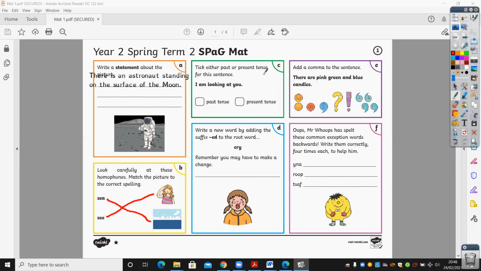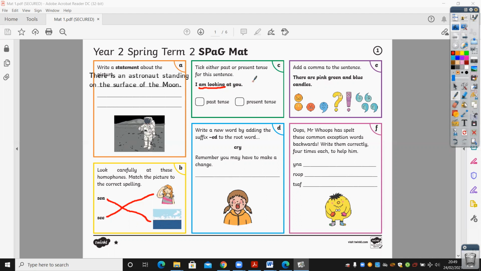Okay, question C. Tick either past or present tense for this sentence. I am looking at you. So we know that when we are talking about the past or the present tense, we need to look at the verb in the sentence. The main verb in this sentence is looking. I am looking. So I have to ask myself now, is that something that has already happened?